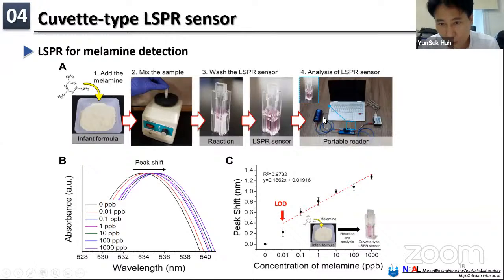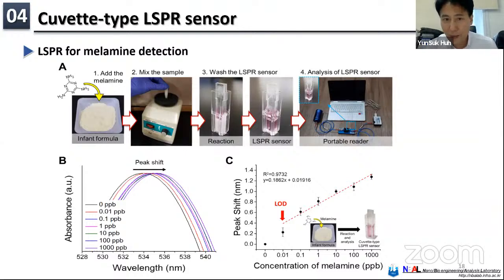That's why we bought a small UV-based light source, a portable cuvette cell, and Ocean Optics supplies small portable spectrometers. So we assembled everything, and it's easier to carry around, and we can detect the melamine sample through our assembled portable sensing system.